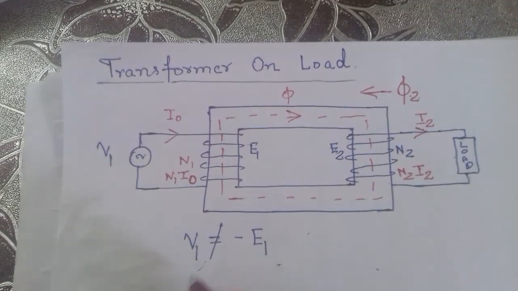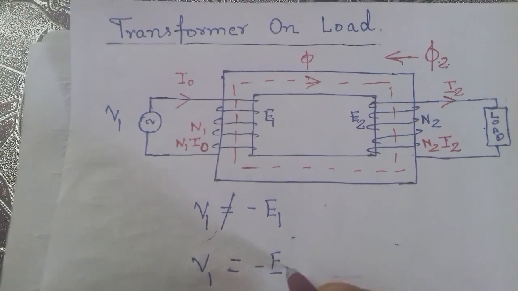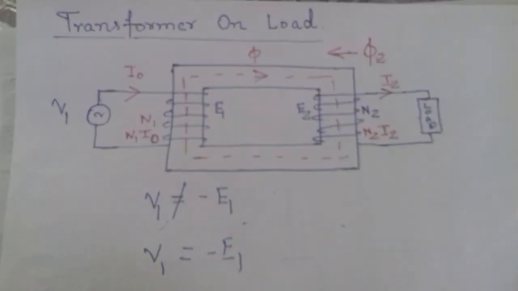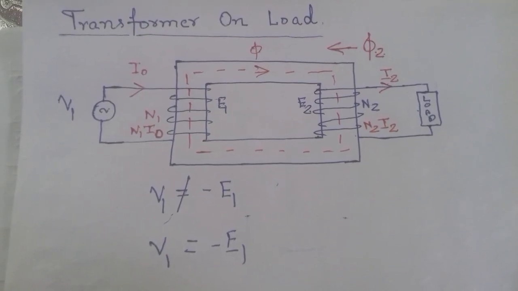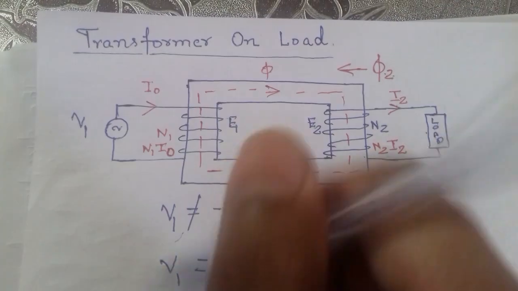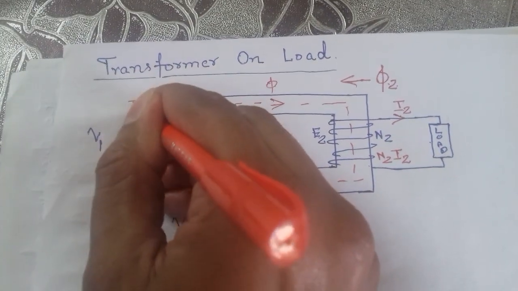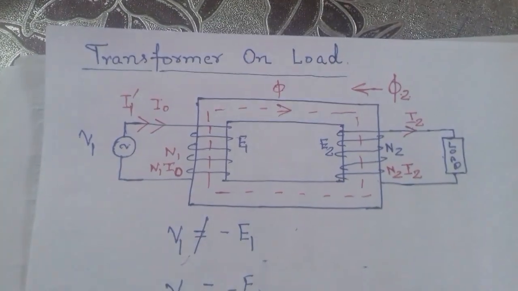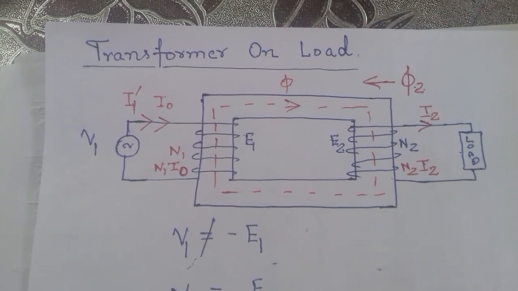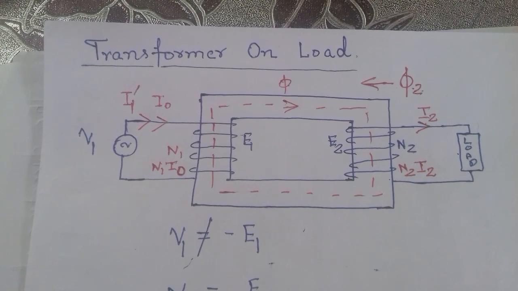So in order to maintain this balance, that is V1 equals minus E1, the transformer draws an additional current which is given by I1 dash. Now this I1 dash is known as the counterbalancing current or the primary additional current, which flows in the primary winding.